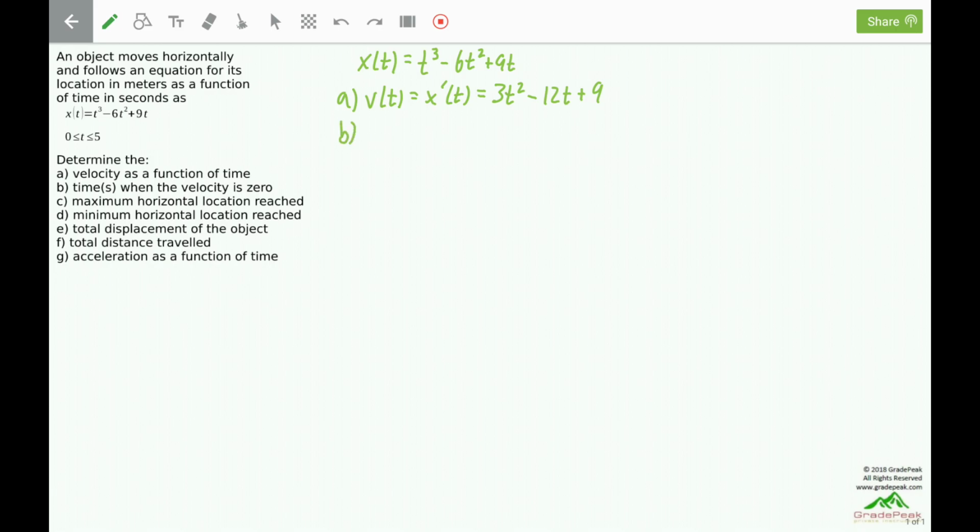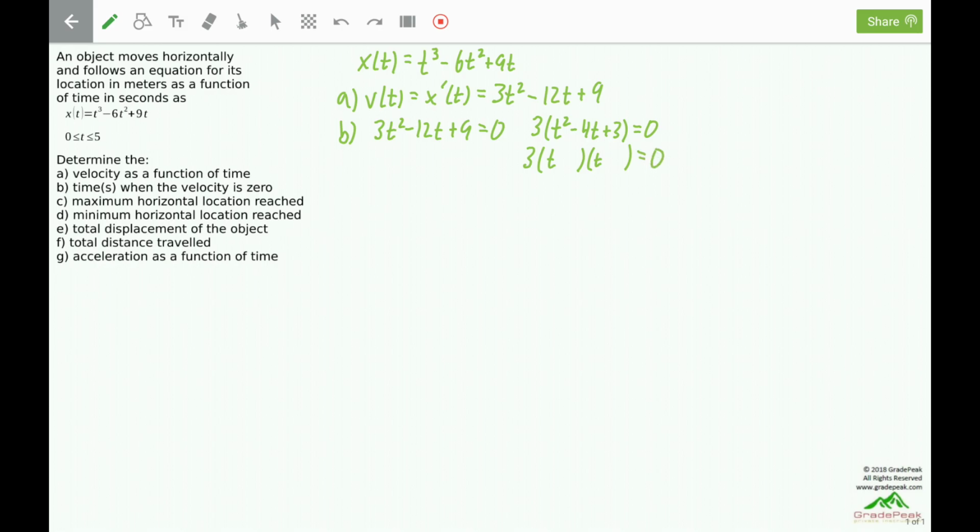For part B, we want to find the time or times when the velocity is 0, so we're going to set the velocity function of t that we just found equal to 0. There's a common factor of 3. We'll factor that out. And then we can factor the remaining portion using trinomial factoring, t and t.